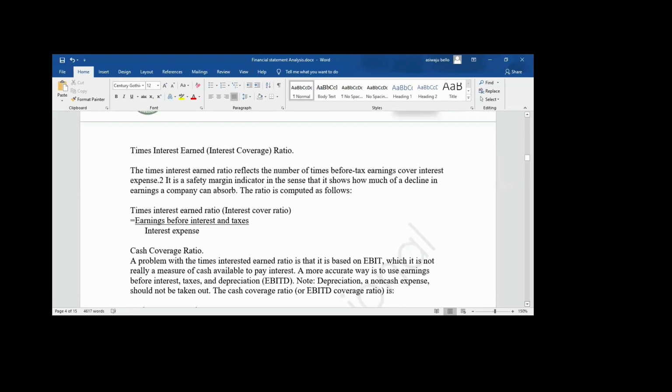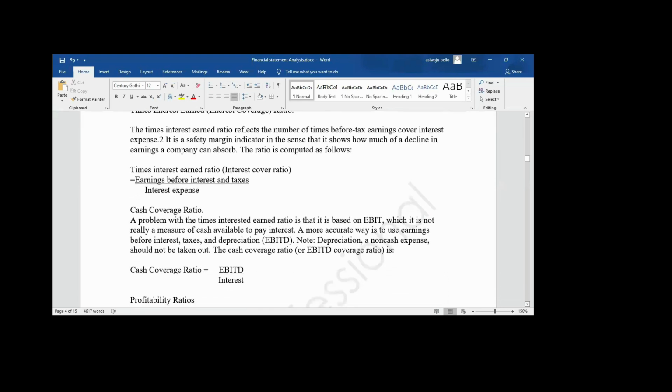We also have the cash coverage ratio. Our cash coverage ratio is to address the problem of interest cover ratio.